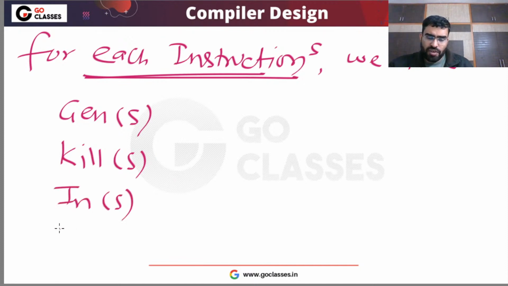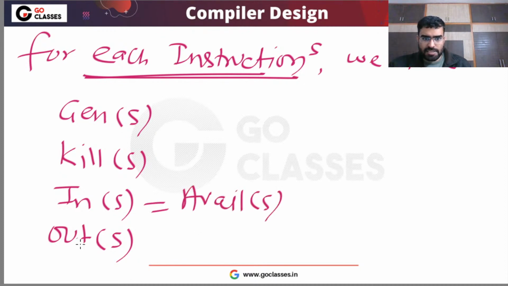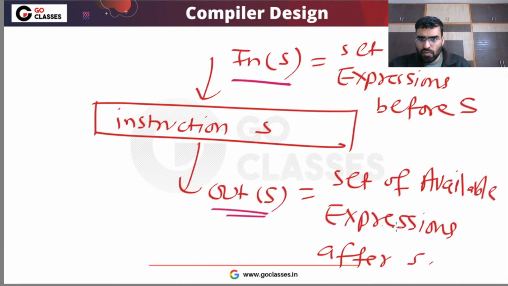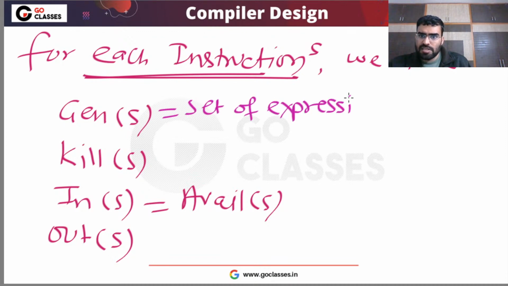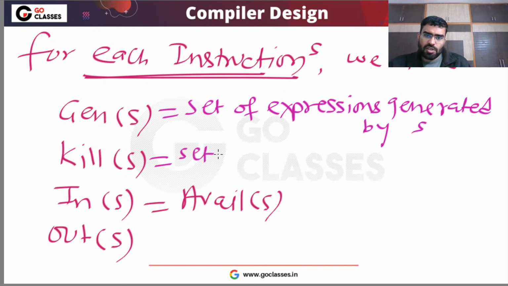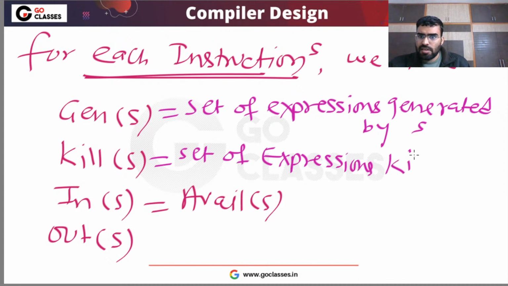We have in of s and out of s, and in of s is the same as available at s. Out of s means the set of available expressions after s. In of s means the set of available expressions before s. This is the set of expressions generated by s, and this is the set of expressions killed by s.